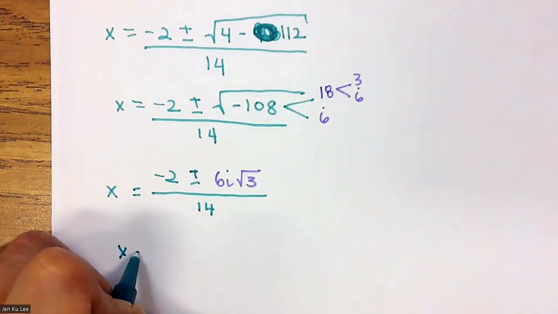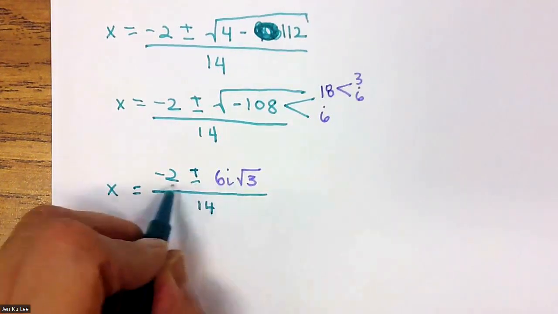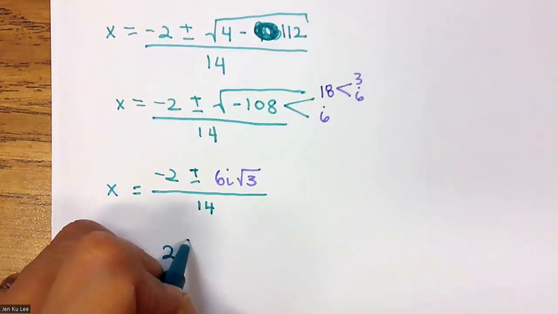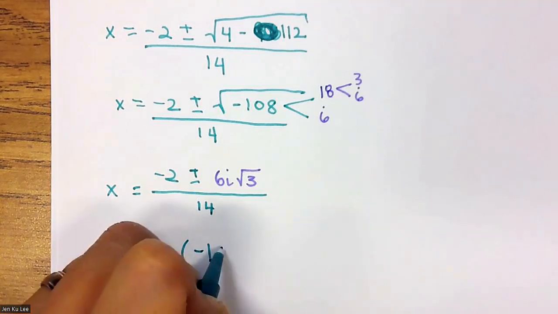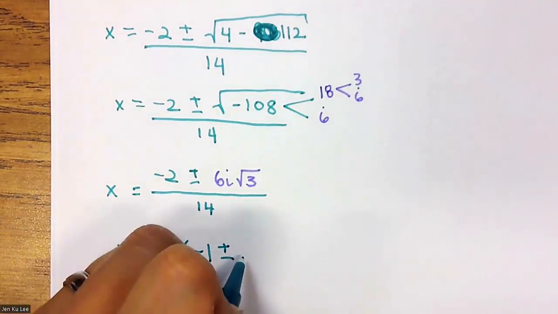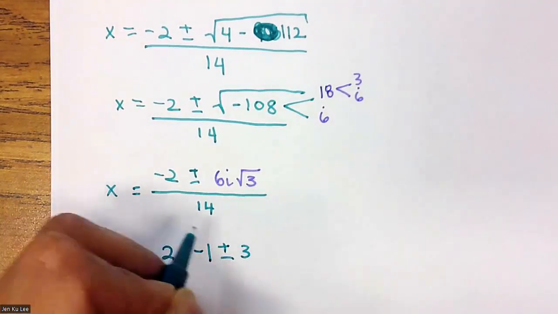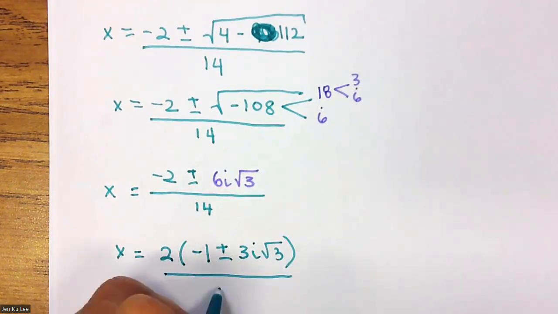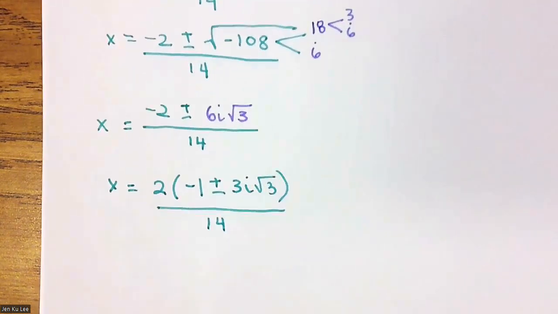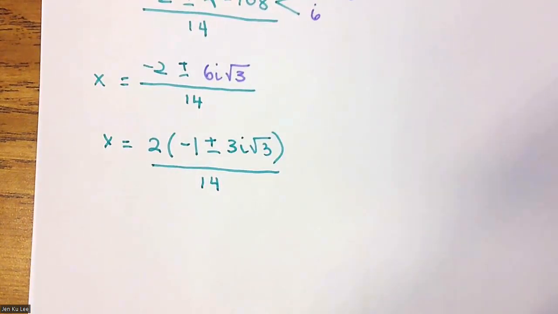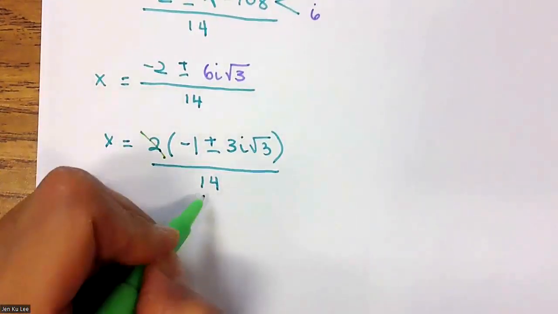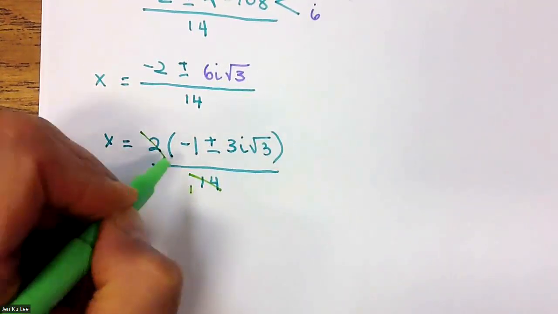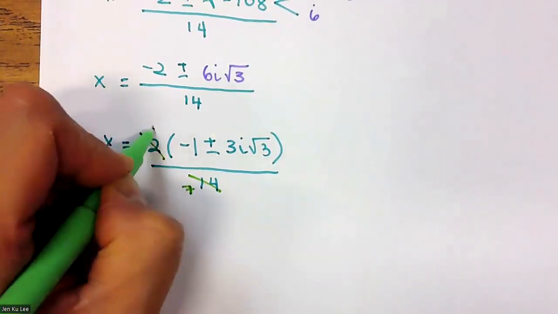So x equals, I can take out a 2. That would be -1 plus or minus 3i square root of 3 over 14. And now the 2 and the 14, 2 goes into 14 7 times.